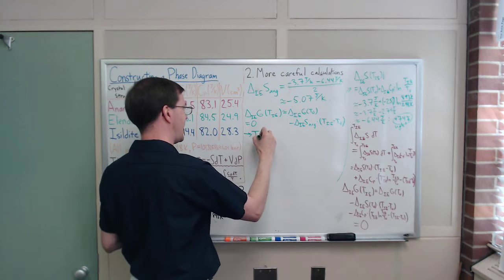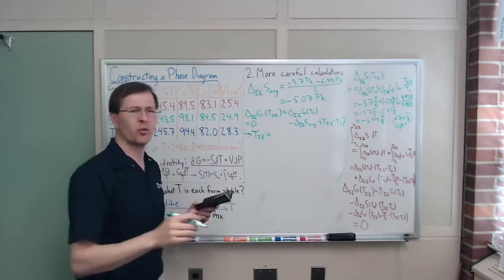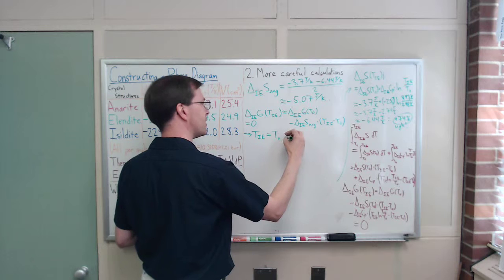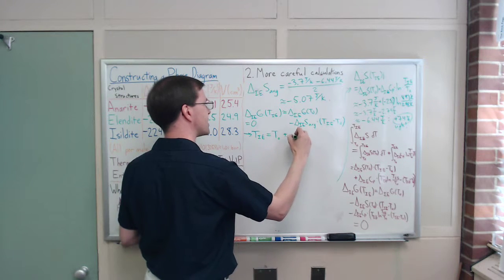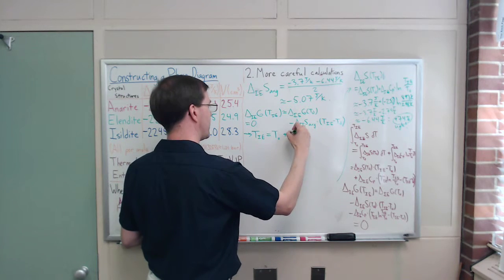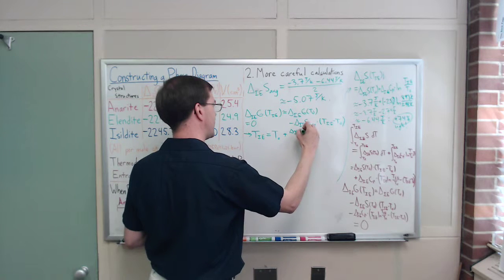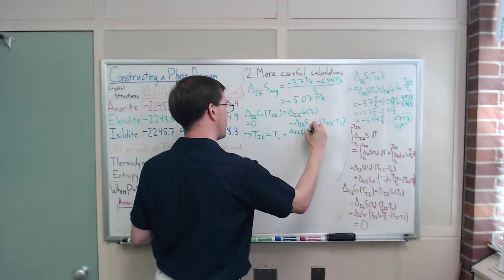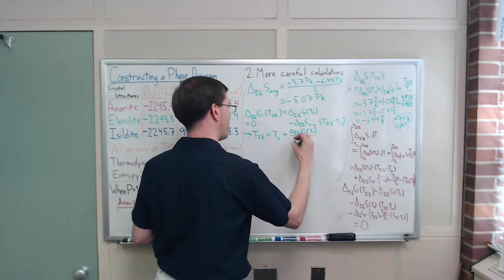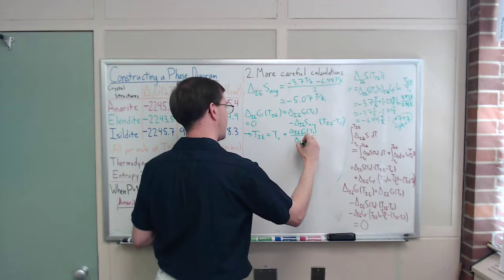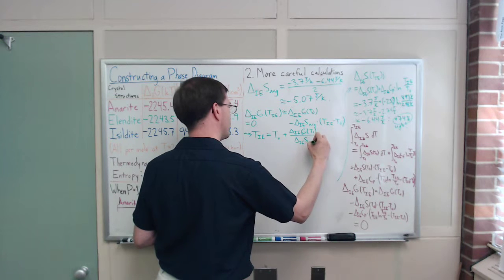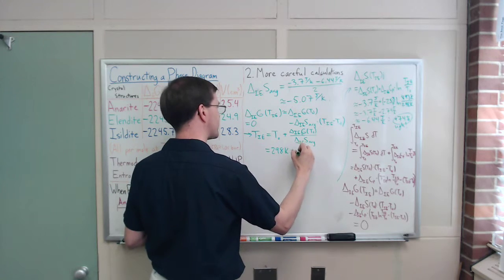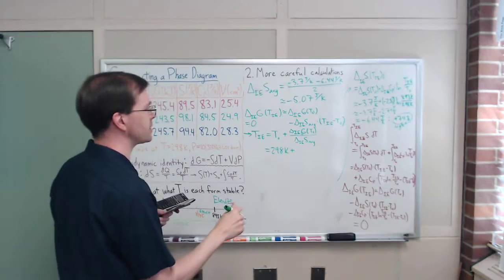I'll find that T, if you do the algebra, I don't want to waste your time watching me do algebra, right? It's equal to T naught plus delta G at temperature T naught divided by my delta S average. That's 298 Kelvin plus my delta G at T naught.